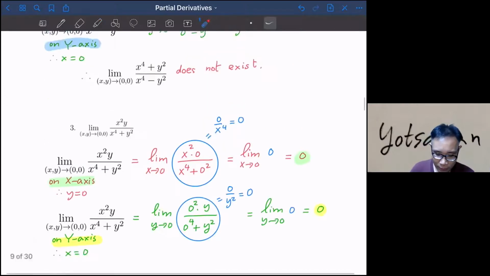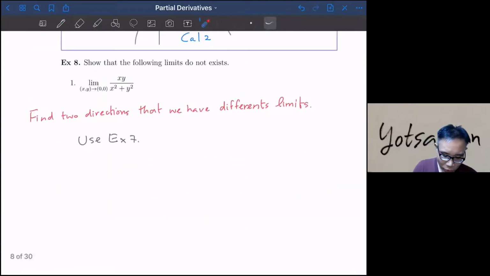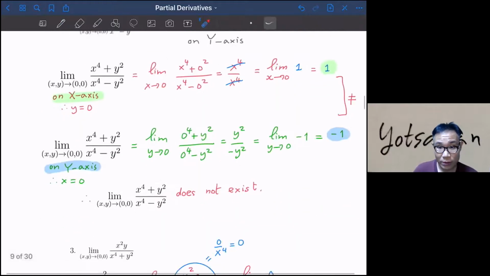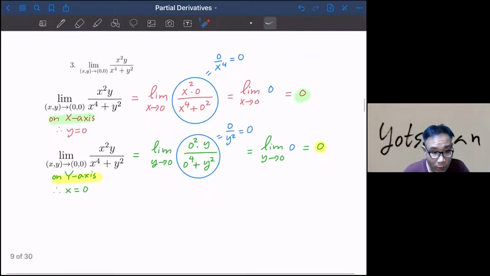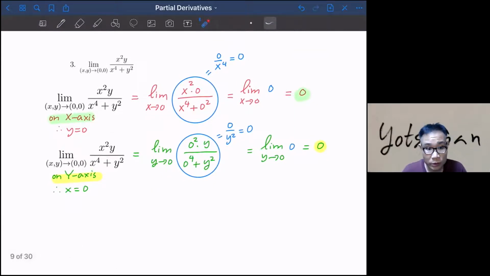We need two directions that have different limits, so we do not reach the conclusion yet, because we still have the same limit. So we're going to try to find another curve, C3, where we hope for a limit different from 0.